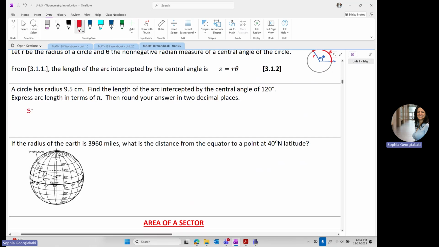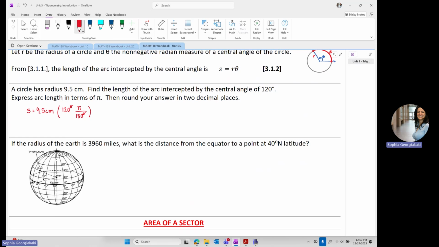So S will equal R, 9.5 centimeters, times theta in radians. Remember, if you have an angle of 120 degrees and you want to convert to radians, you have to multiply by pi and divide by 180 degrees. You could also remember that 120 degrees is 2 times 60, and 60 is pi thirds.